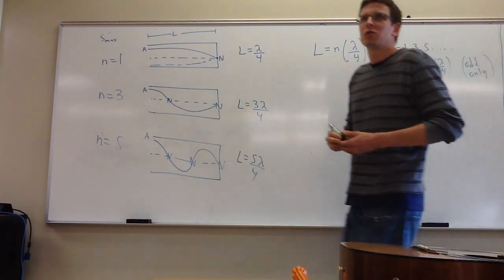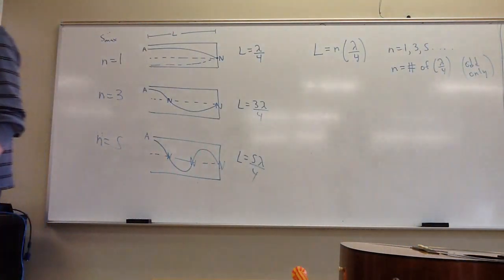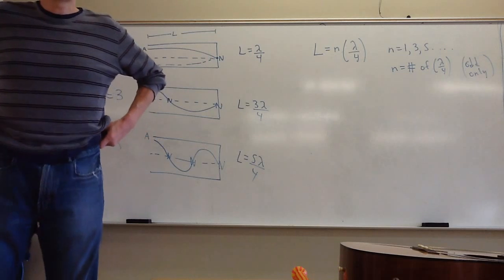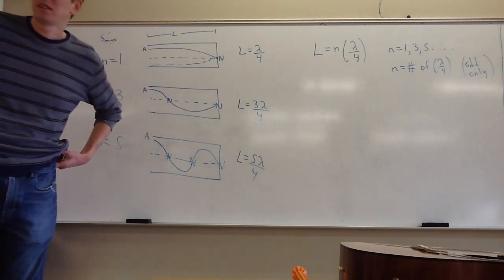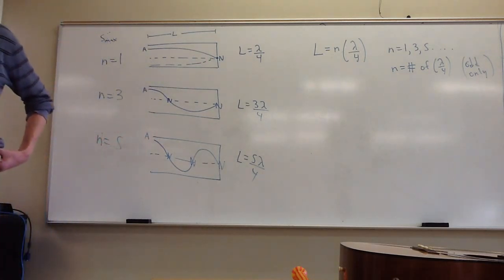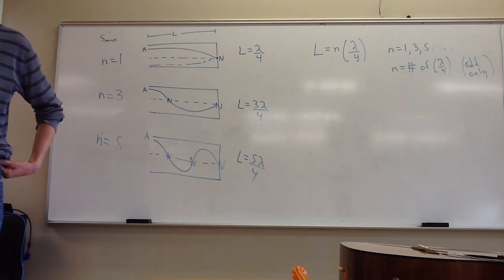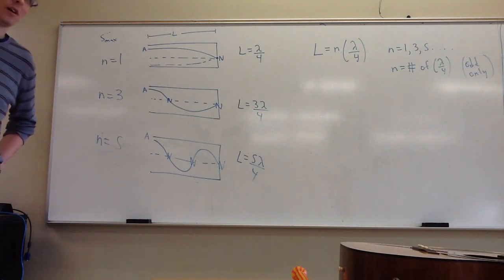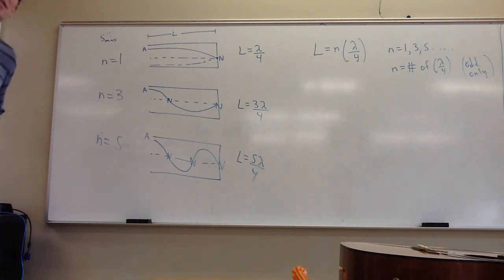So if anyone ever shows you a picture of one of these and gives you nothing else, the first thing you should do to figure out what it is is look at the ends. Are the ends different or the same? If the ends are the same, count half wavelengths, and however many half wavelengths you get, that's your harmonic. That's the 6th harmonic because it has 6 half wavelengths in it.